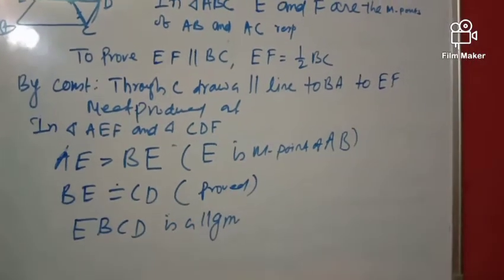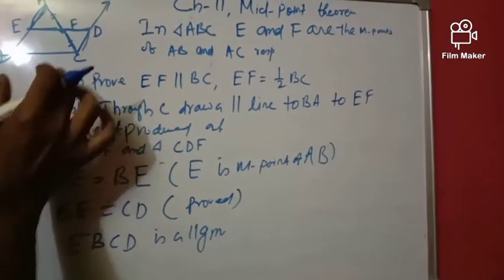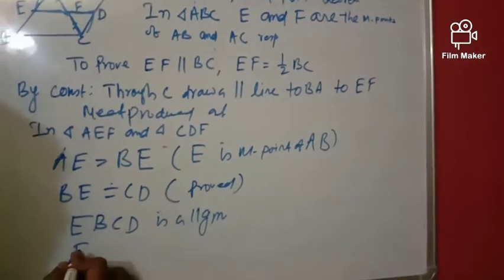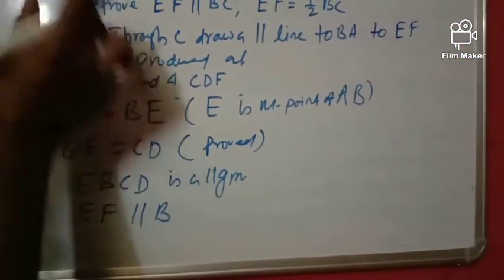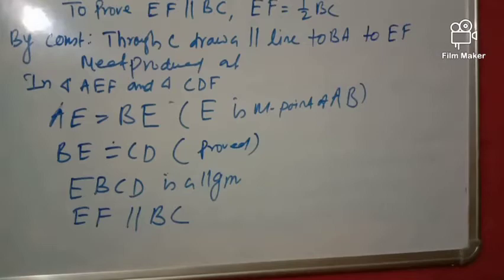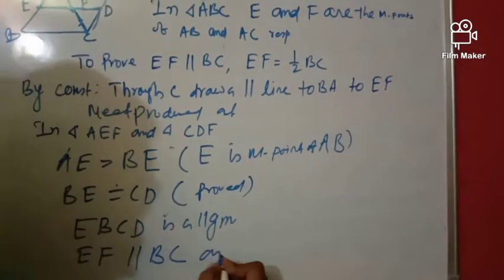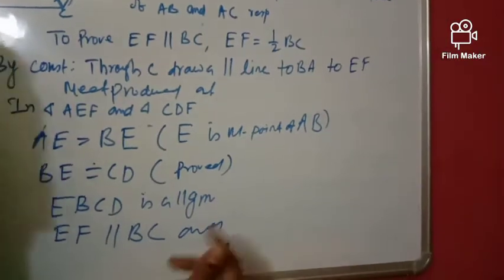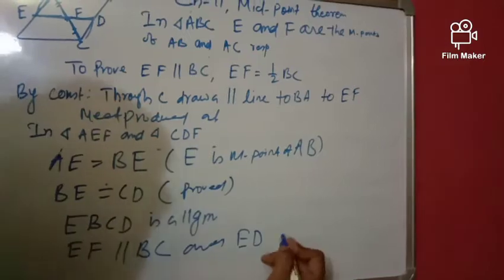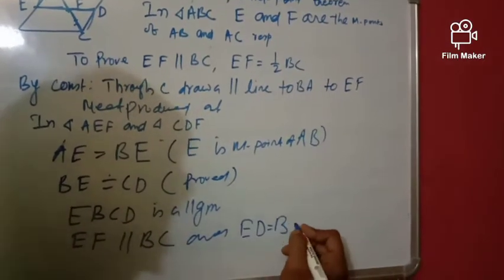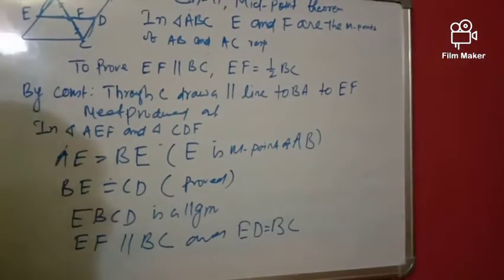If it is a parallelogram, then EF is parallel to BC, and ED equal to BC, because in a parallelogram opposite sides are parallel and equal.